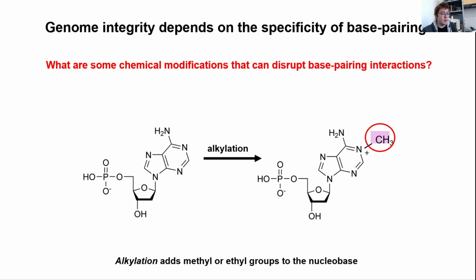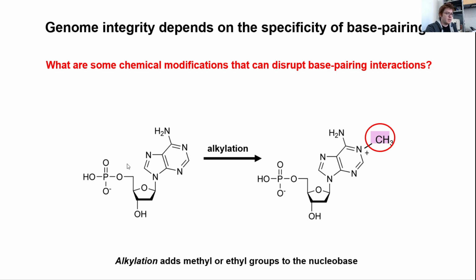And alkylation is the act of adding methyl or ethyl groups, or really any sort of alkyl group, to the nucleobase.